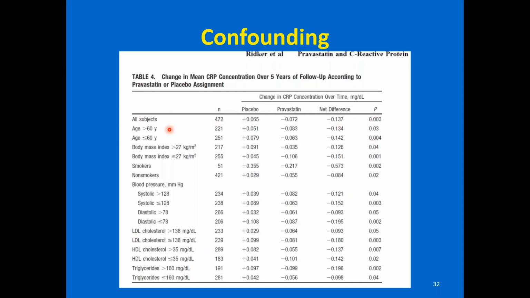Using the stratified analysis, after they presented the main results, which is a negative 0.137 and a statistically significant difference between the placebo and pravastatin arms, they also stratified by subgroups of age, BMI, smoking and non-smoking, blood pressure measurements, both systolic and diastolic, LDL cholesterol, HDL cholesterol, as well as triglycerides.